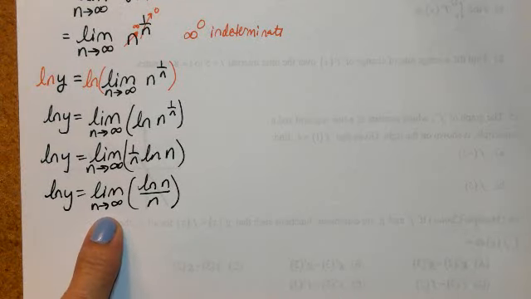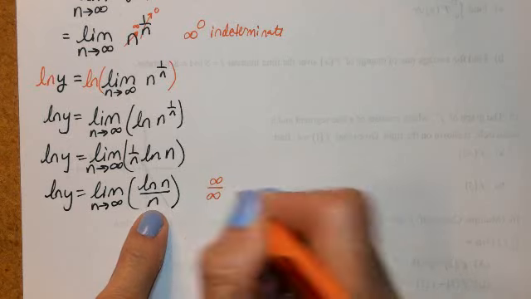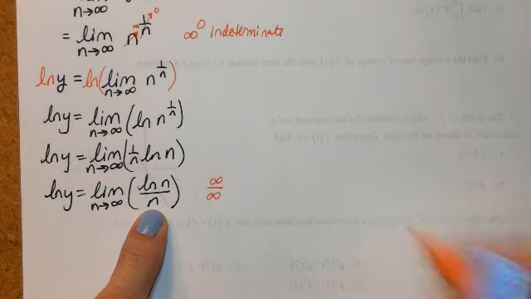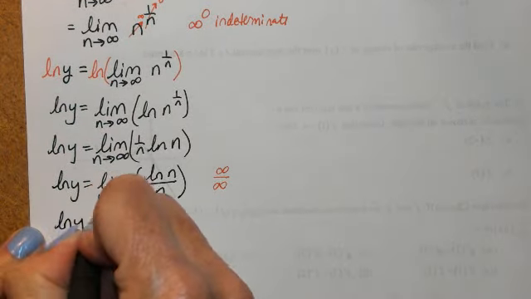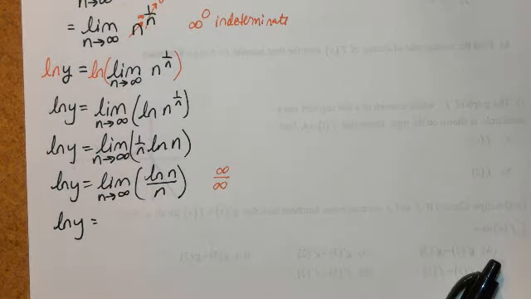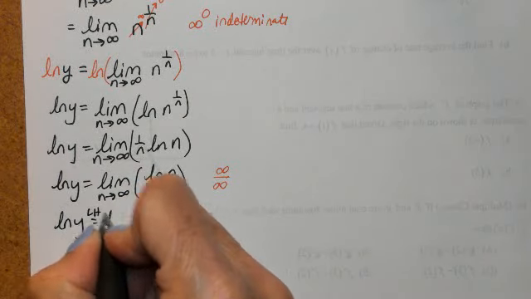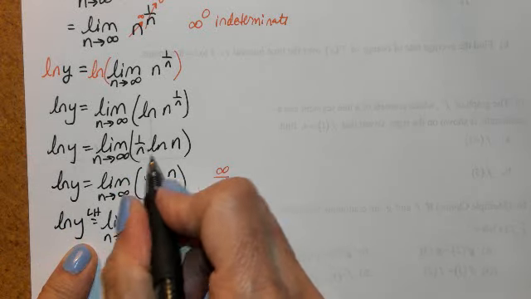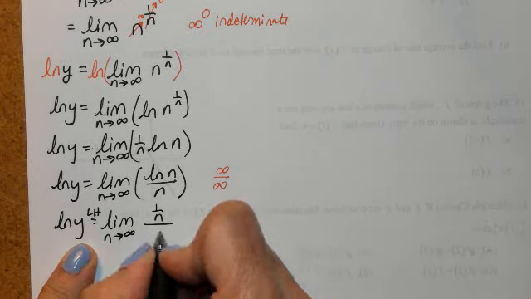Now when I let n go to infinity, I have infinity over infinity. So now I can use L'Hopital's. Using L'Hopital's, I'll have the derivative of natural log n over the derivative of n.